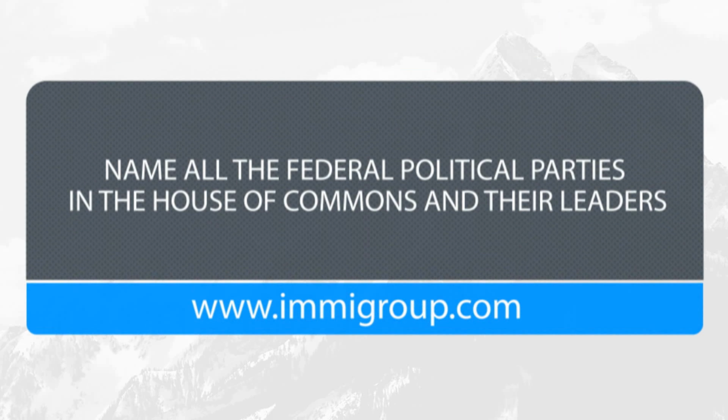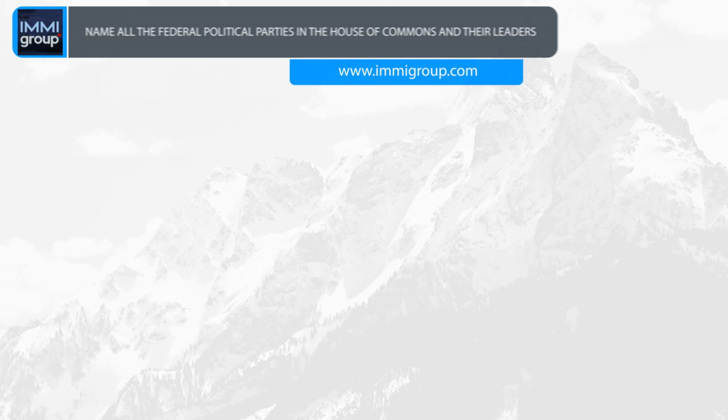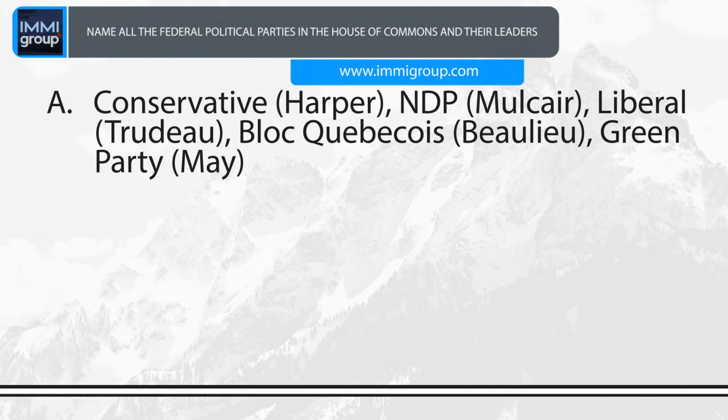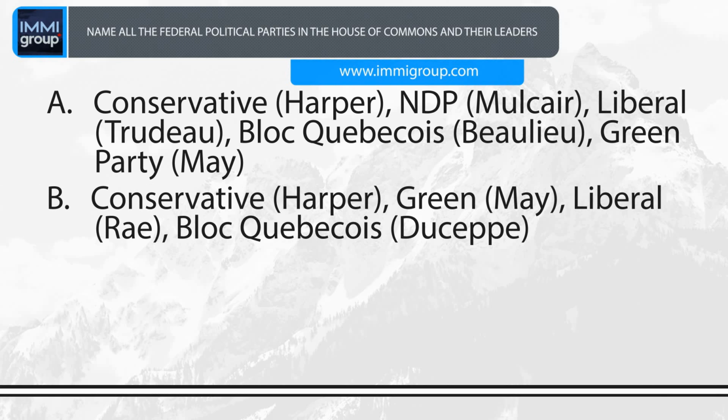Name all the federal political parties in the House of Commons and their leaders. A. Conservative, Harper. NDP, Mulcair. Liberal, Trudeau. Bloc Québécois, Beaulieu. Green Party, May. B. Conservative, Harper. Green, May. Liberal, Rae. Bloc Québécois, Duceppe.